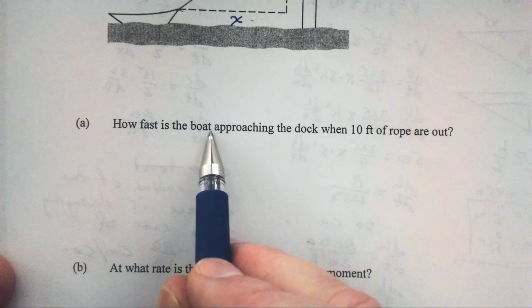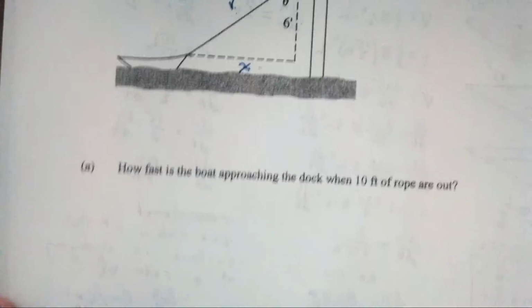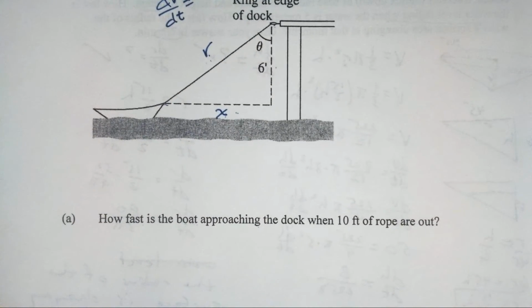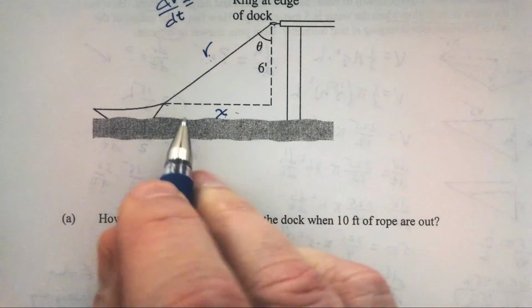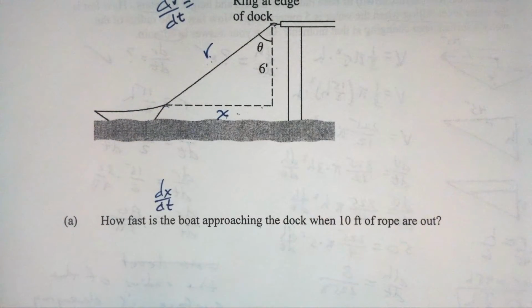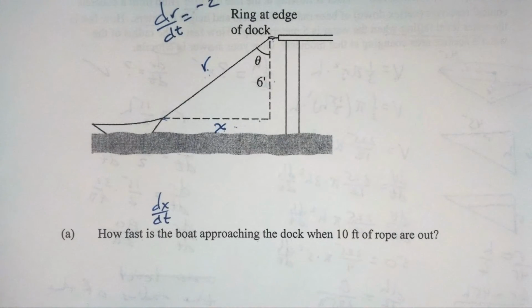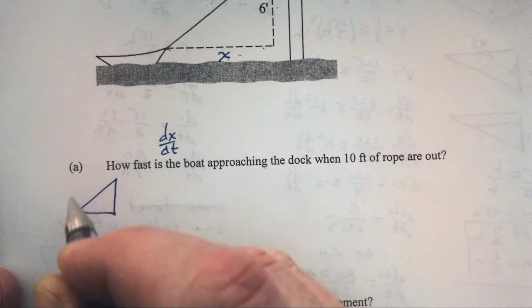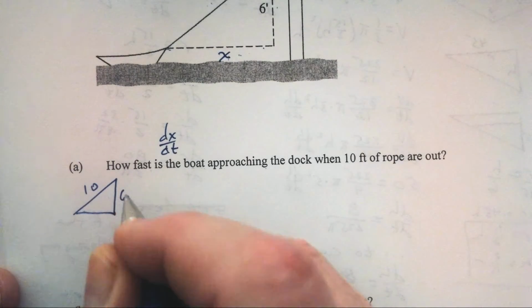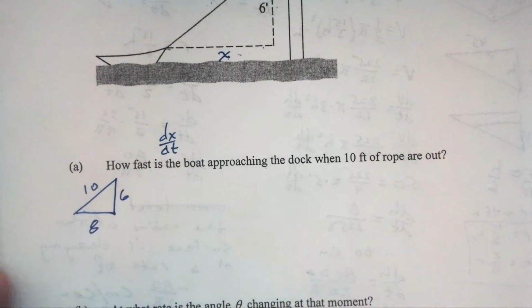How fast is the boat approaching the dock? Talk calculus to me. Find dx/dt when the rope is out 10 feet. Well, when the rope is out 10 feet, this is 10, this is 6, this is 8.